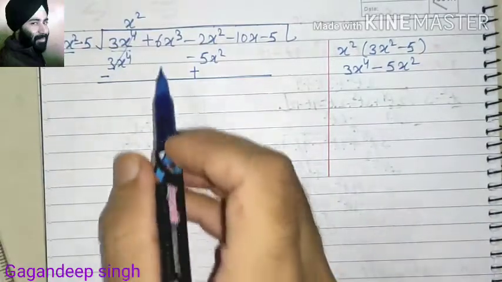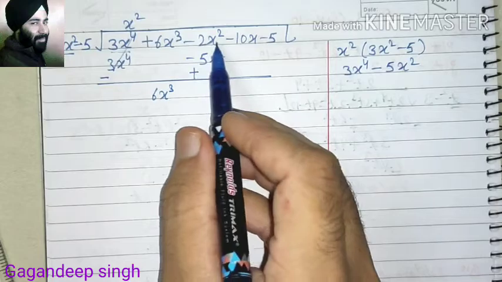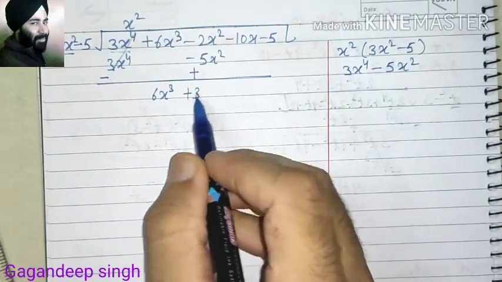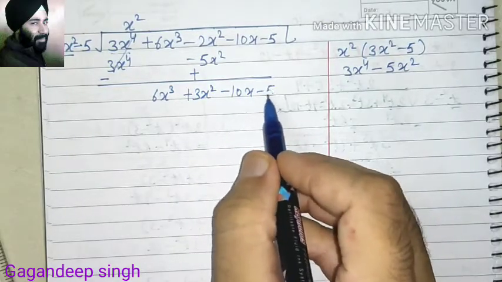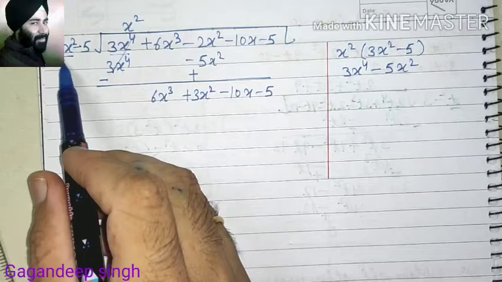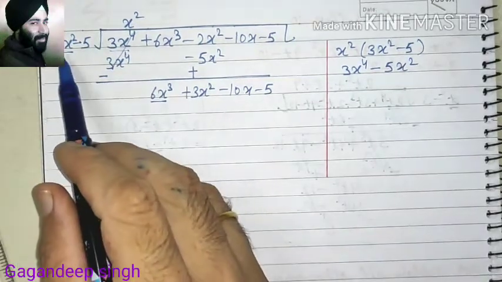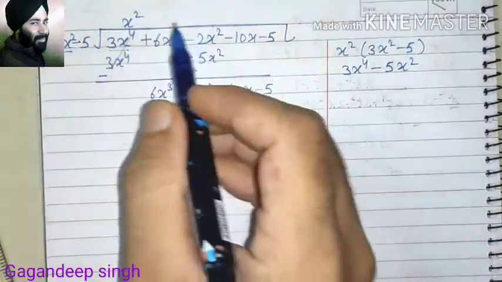First term cancel. 6x cube minus 2x square and plus 5, minus 2 and plus 5, it is plus 3x square minus 10x minus 5. Now see, first term is 3x square and first term is 6x cube. So by which number we multiply 3x square to get 6x cube? It is 2x.